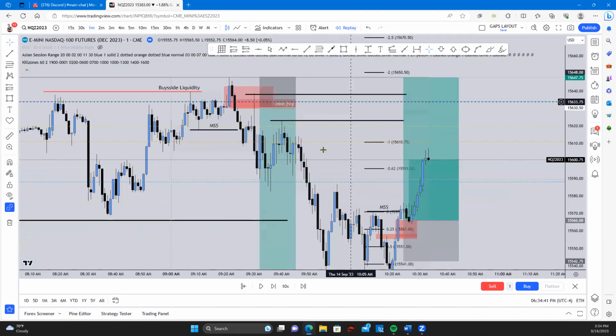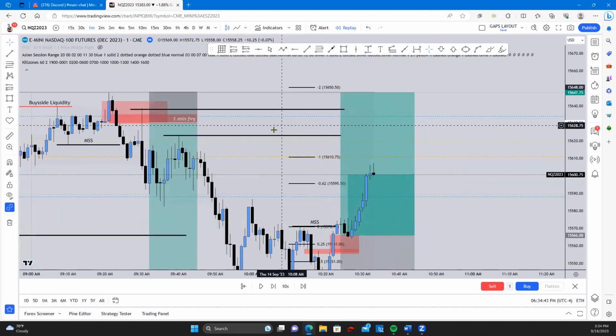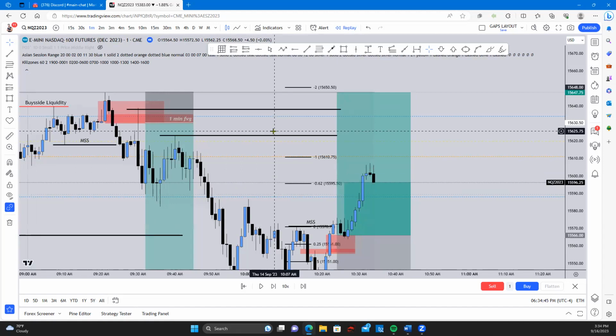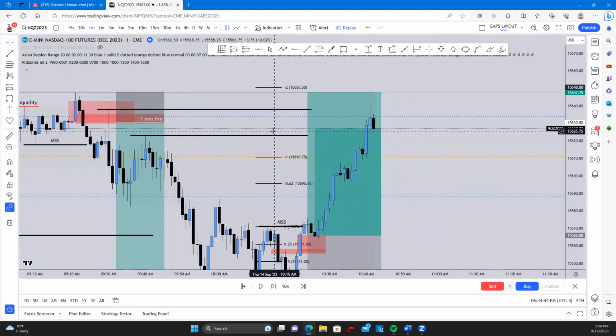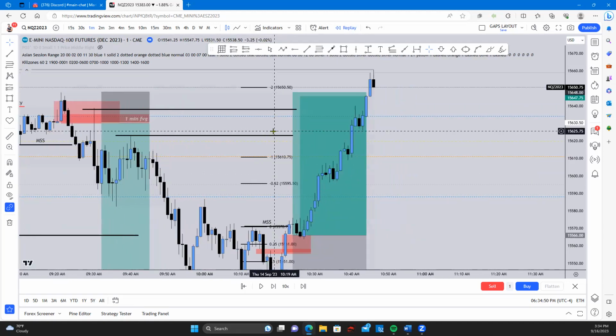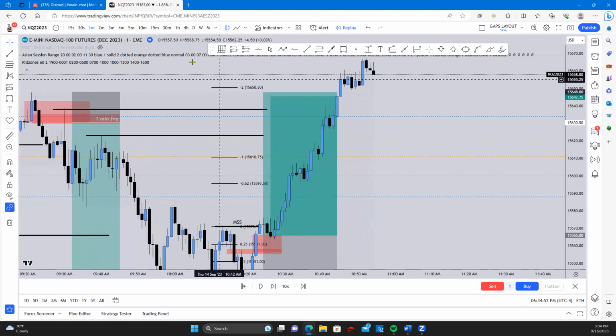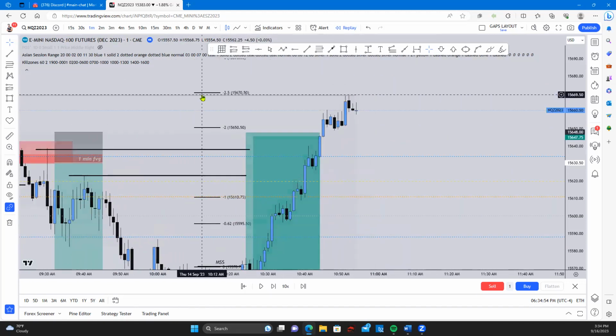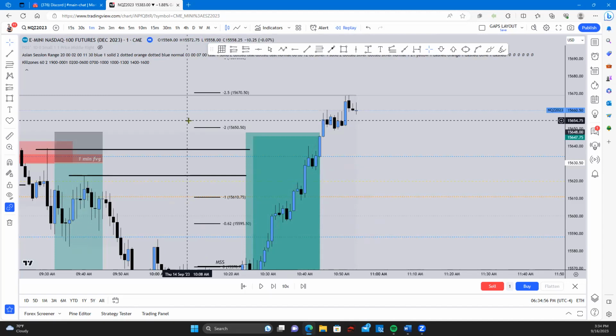So let's watch price. We move price forward. Boom. So we tap just about 2.5.